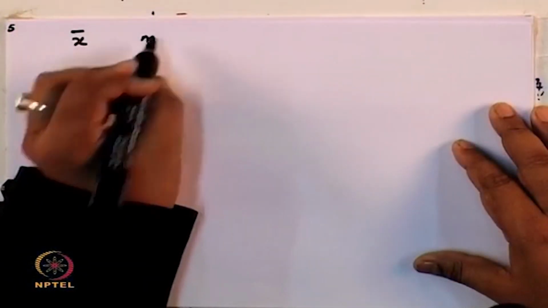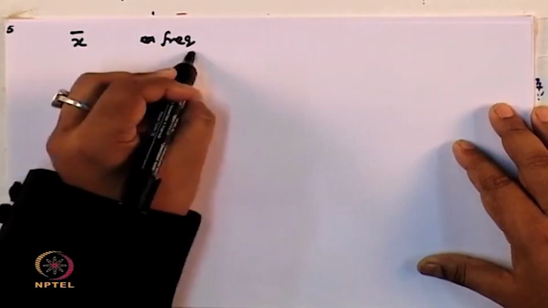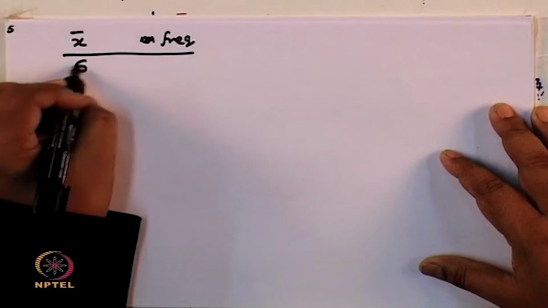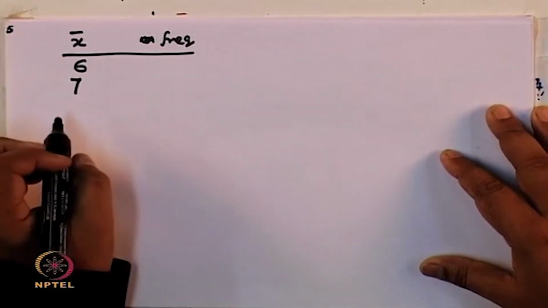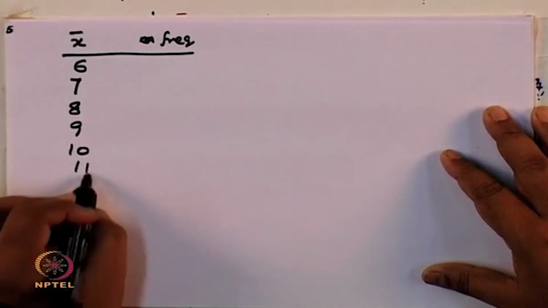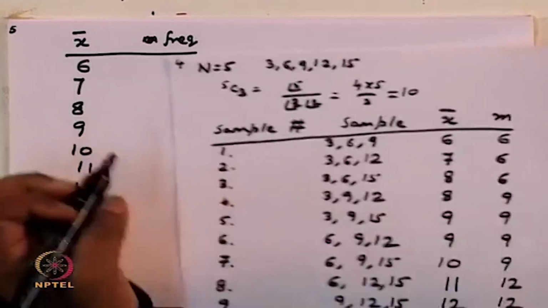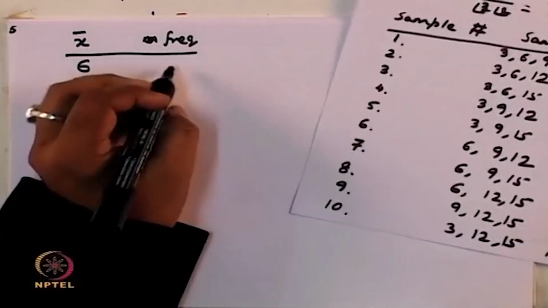Okay. So, from this list we can find out what are the different x bar values and what are the M values. Well, we can do this x bar and frequency. So, the values of x bar we get are 6, 7, 8, 9, 10, 11, 12. The frequency of 6 is only 1.